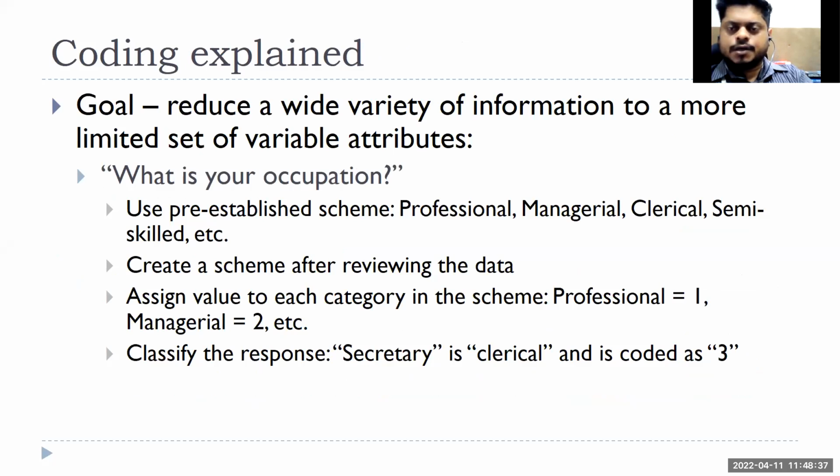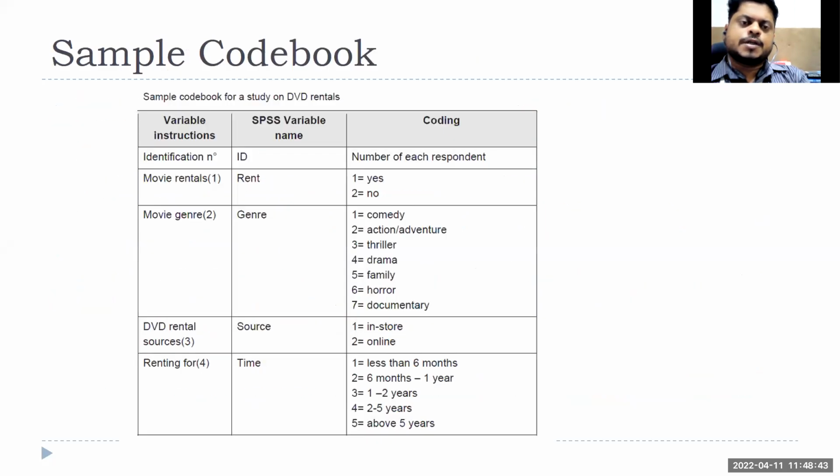Coding, I explained. So generally we put some codings to the labels or explanations, right? Just to give an example, if research is being conducted for DVD rental, right now obviously nobody rents DVDs, right? Earlier, 15 or 20 years back, people used to rent CDs or DVDs. So what is my variable name in SPSS if I'm conducting that data analysis?